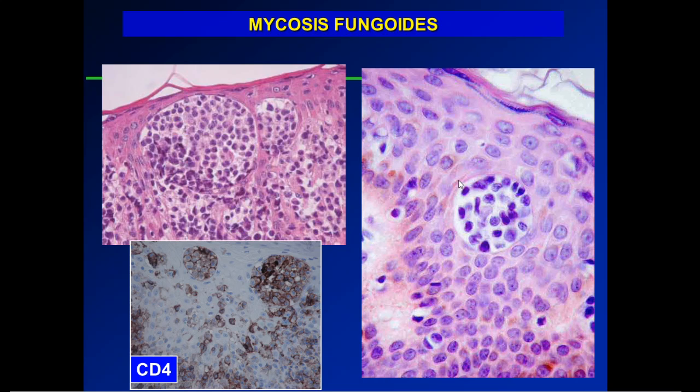These clusters have a specific name, and the name is microabscess of Poirier. And CD4 is a marker of T-cell differentiation as well, and this marker shows us a positive reaction of these clusters inside the epidermis.